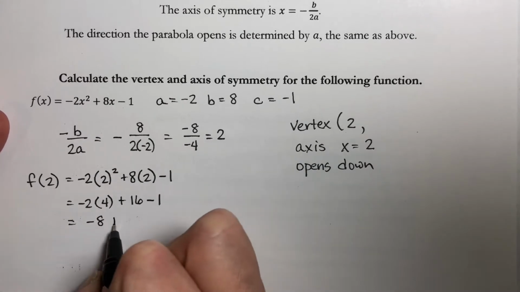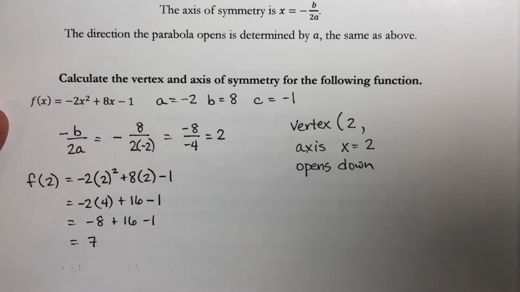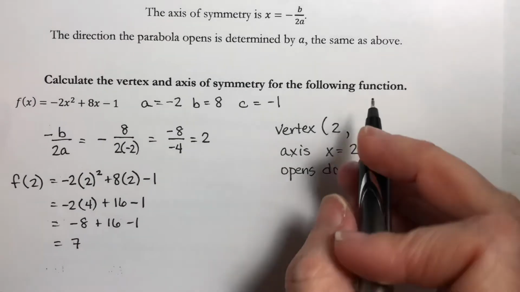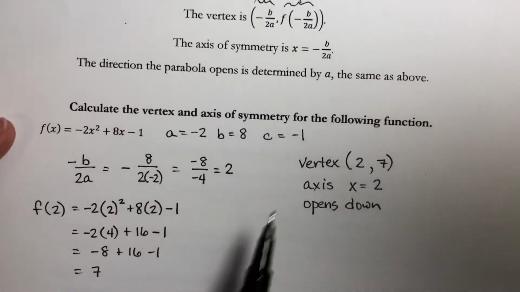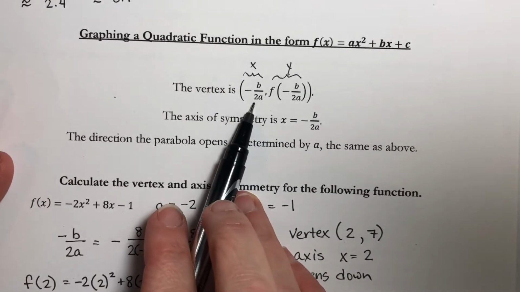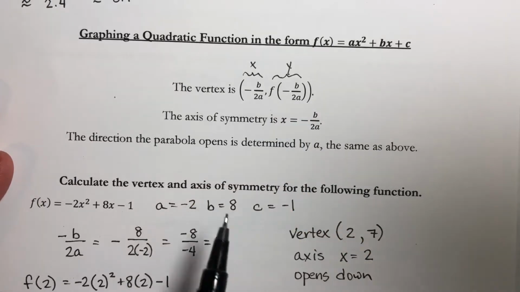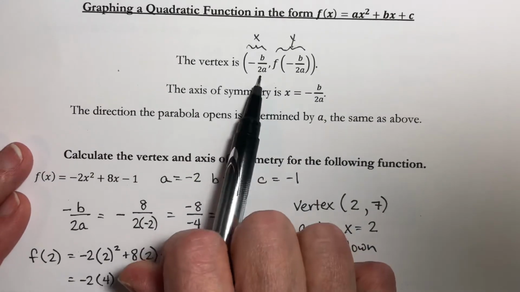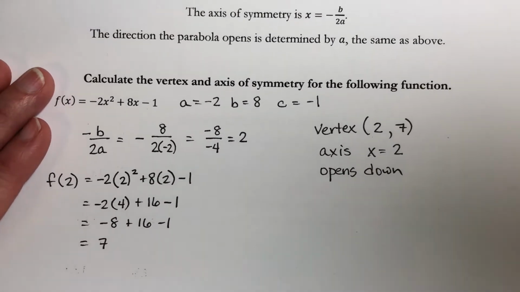Negative 8 plus 16 minus 1, and that's going to be positive 7. So the vertex is 2, 7. If you can remember negative b over 2a, you've got it. Don't let the way it has to be written scare you, because all you have to do is take this value, plug it in, and do your arithmetic. As long as you remember your order of operations, you're going to be golden here.